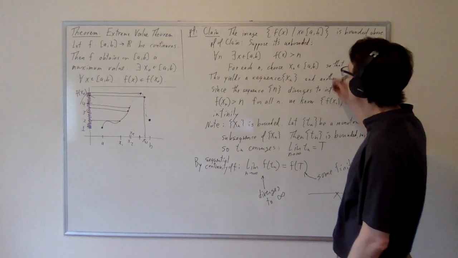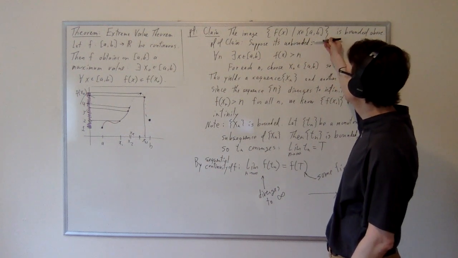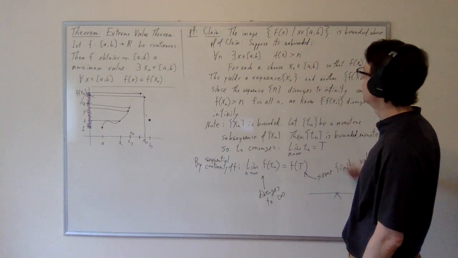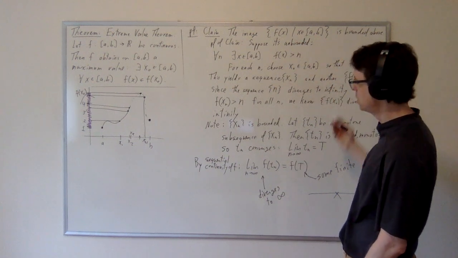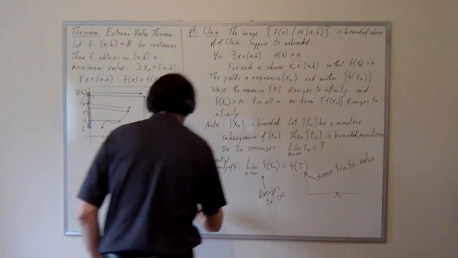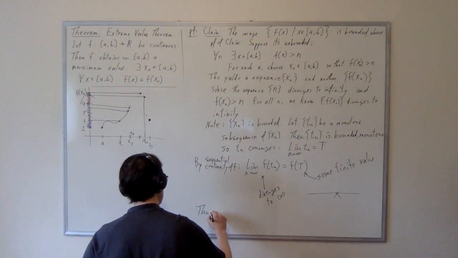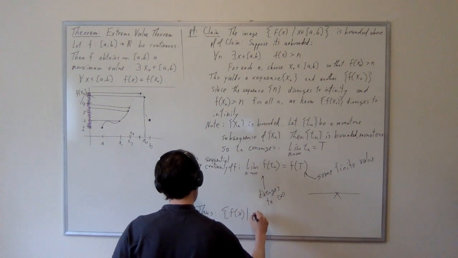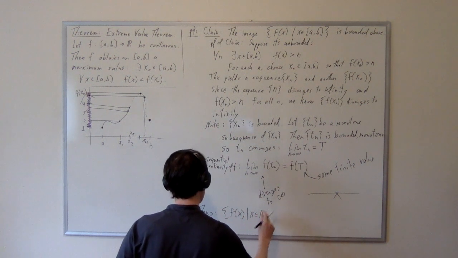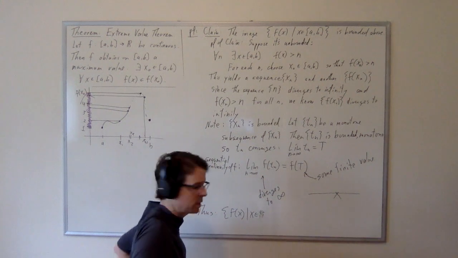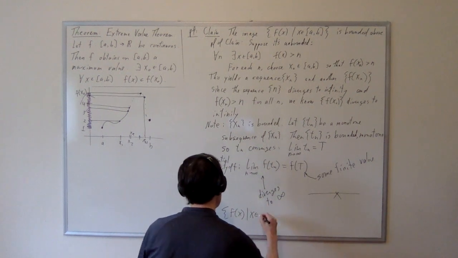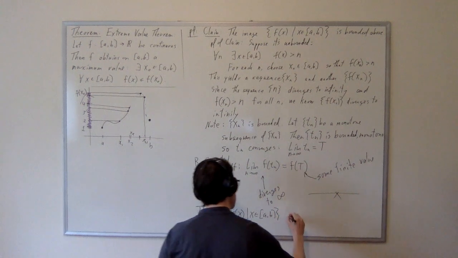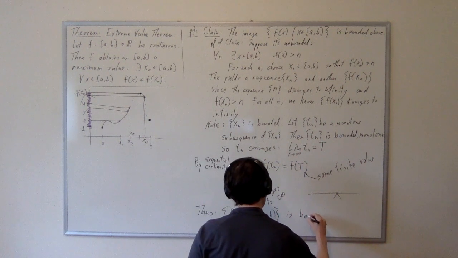So what does this contradiction mean? What has happened here? We supposed for contradiction that this thing was unbounded, and we ended up in this contradiction. So what it means is, I guess it's bounded. So the right conclusion here is that the set of all f of x, so that x is in the domain ab, is a bounded set.